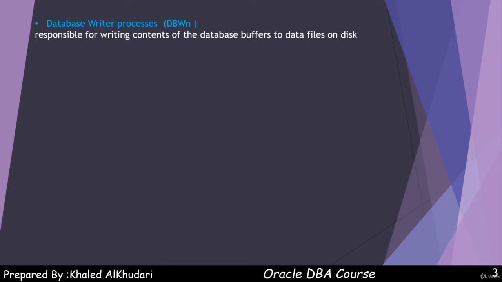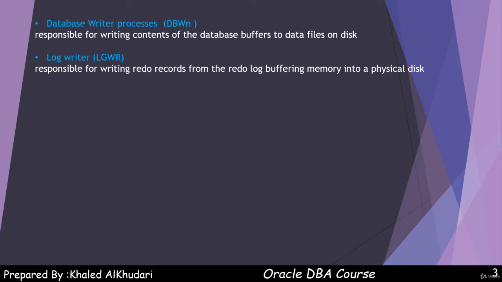It is responsible for writing the contents of the database buffer to files on disk. That's it. Regarding the log writer, LGWR, it is responsible for writing redo records from the redo log buffer memory into a physical disk. And we will describe the redo log buffer in detail.